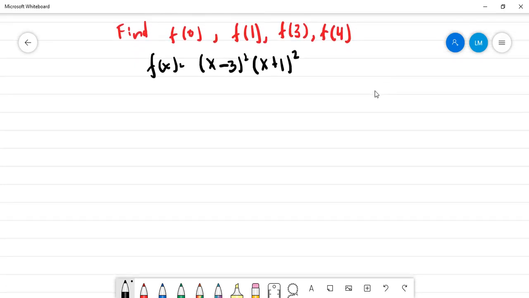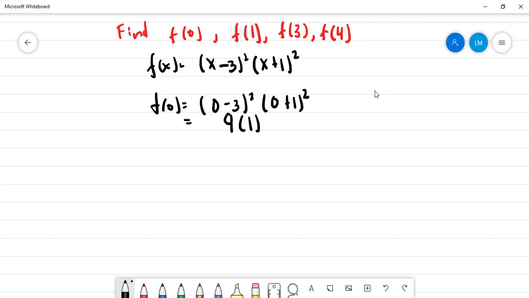Okay, so when we plug in 0, that's just going to be 0 minus 3 squared times 0 plus 1 squared, which is going to give us 9 times 1, which is just going to be 9. Okay, and then we have that f of 1.